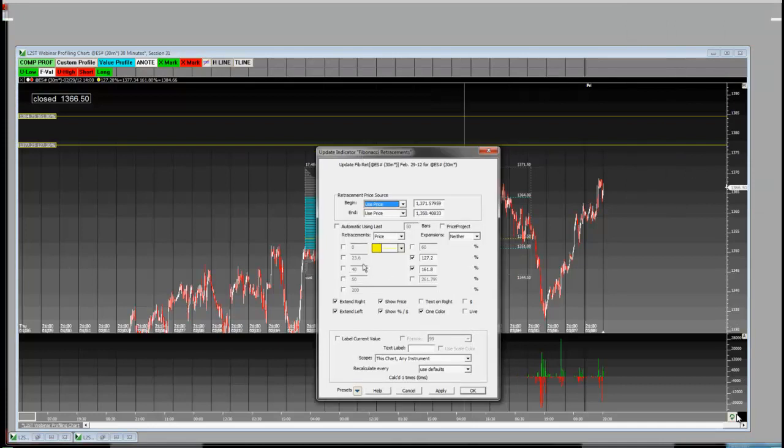By default, your tool will more than likely not be set up to use the 127.2 extension and the 161.8. Okay, so normally it's set to use 38.2, 50%, and 61.8. However, we're not interested in those. We're interested in 127.2 and 161.8 extensions.